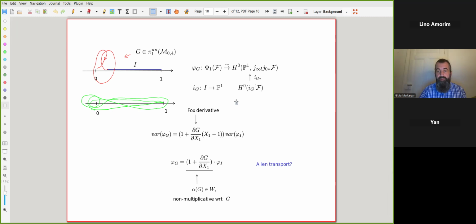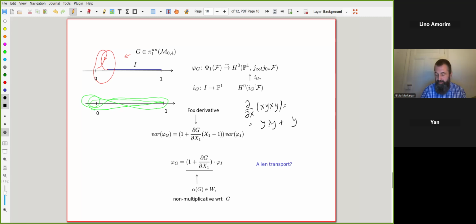For example, take a word like x, y, x, and differentiate by x. It's a derivative in the free algebra, yes, the free algebra. So you just need to differentiate by x.